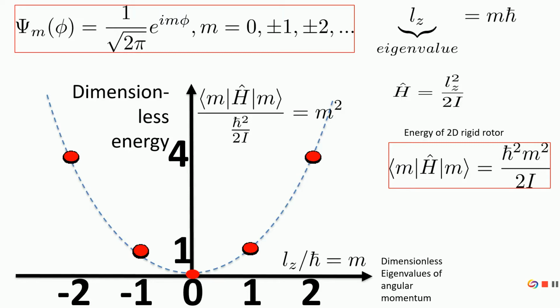On this axis is energy. 0 provides 0, 1 provides 1, 2 provides 4, and there is no doubts about m squared function. But it is interesting that for all values of m except 0, there are two values of angular momentum that provide the same energy.